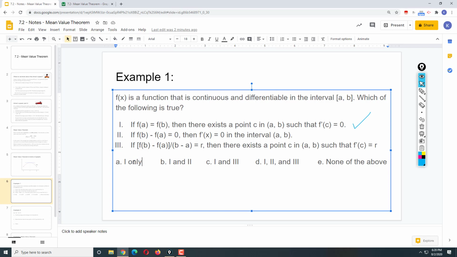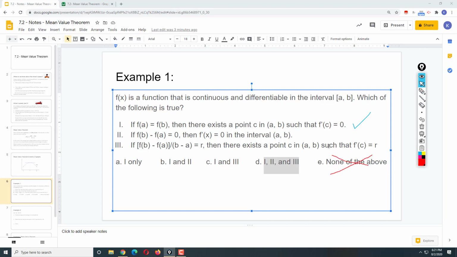Okay, well, we know 1 is true, so A might be right. B says 1 and 2 are true. That might be right. C says 1 and 3 are true. That might be right. D says 1, 2, and 3 are all true. That might be right. E says none of the above are true. Well, we know 1 is true, so E is wrong.